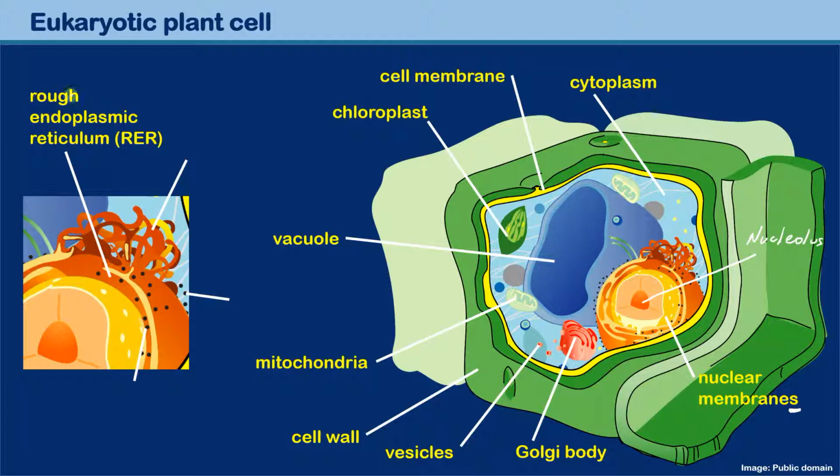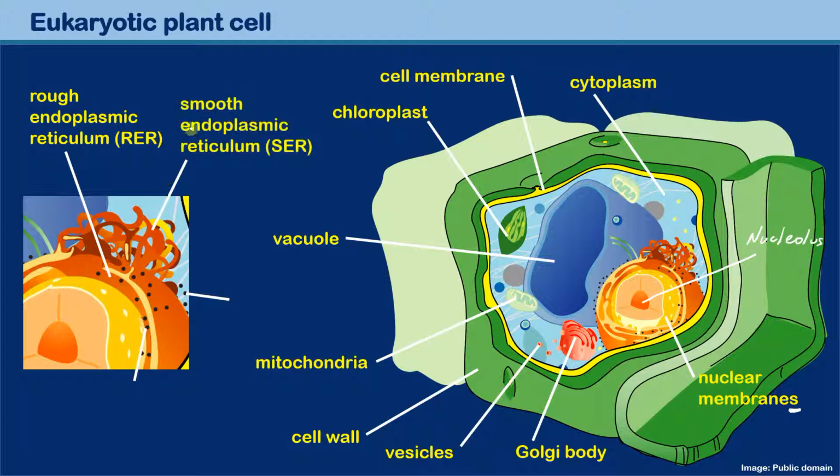So it's a rough network which can be found inside the cytoplasm, and it is responsible for making proteins. Specifically, the ribosomes are responsible for that, but it also produces vesicles, which are used to transport the proteins around in the cell. There is going to be a separate video on that.